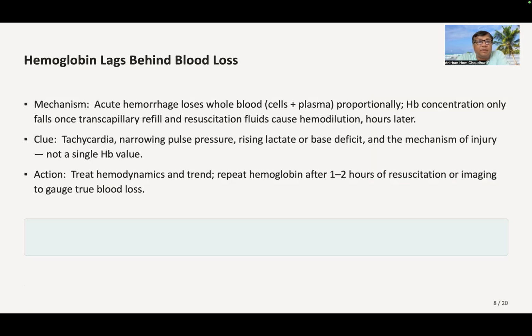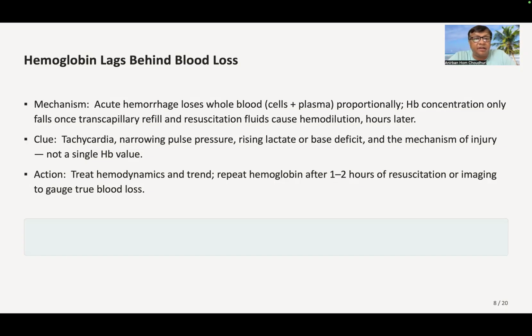Now, this is again another mistake because hemoglobin always lags behind blood loss. The mechanism is that when acute hemorrhage loses whole blood, both cells and plasma proportionately, hemoglobin concentration only falls once the transcapillary refill and the resuscitation fluids cause hemodilution, which occurs hours later. So this patient gave us some clues.